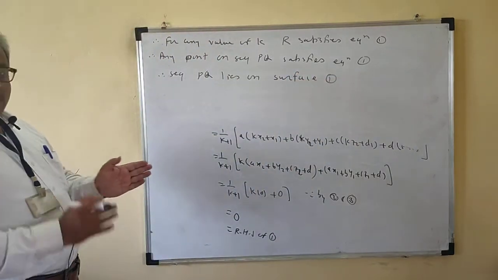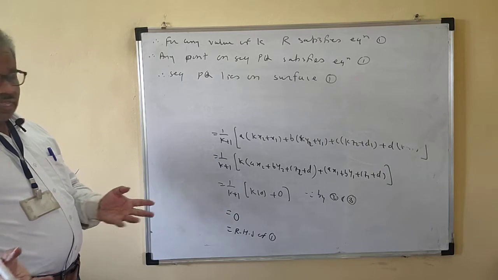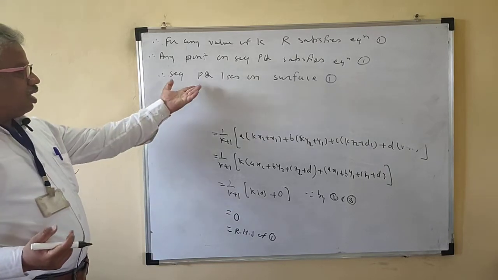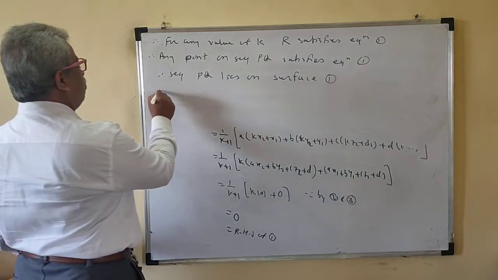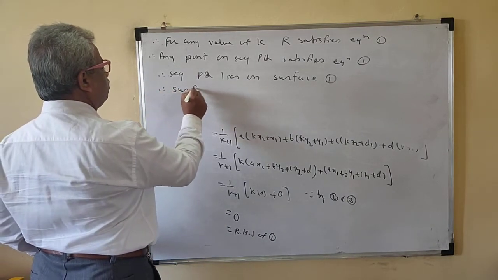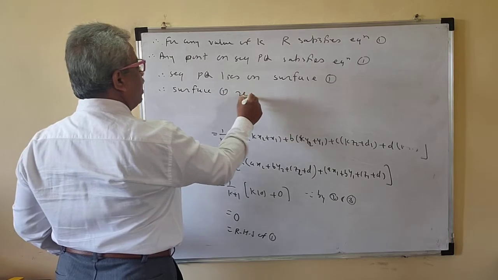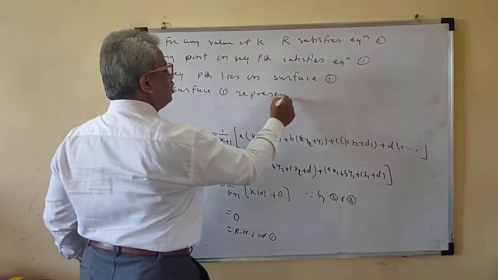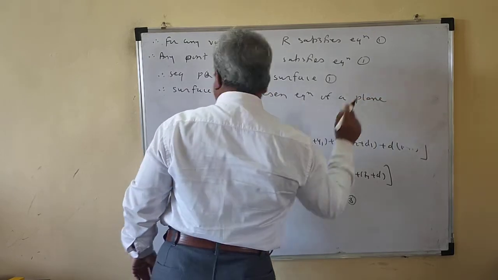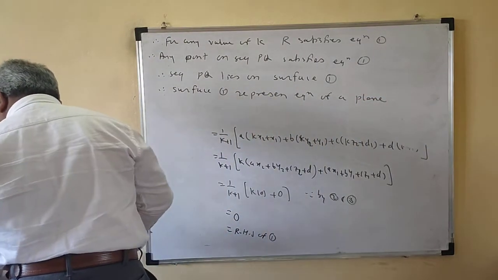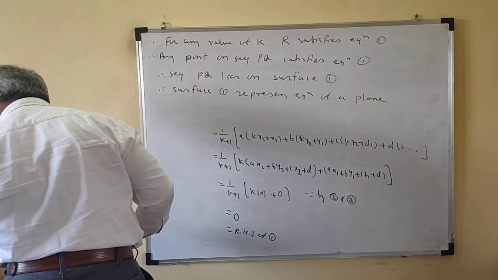P and Q are arbitrary and segment PQ is also arbitrary. So segment PQ lies on the surface 1. Therefore surface 1 represents the equation of a plane.